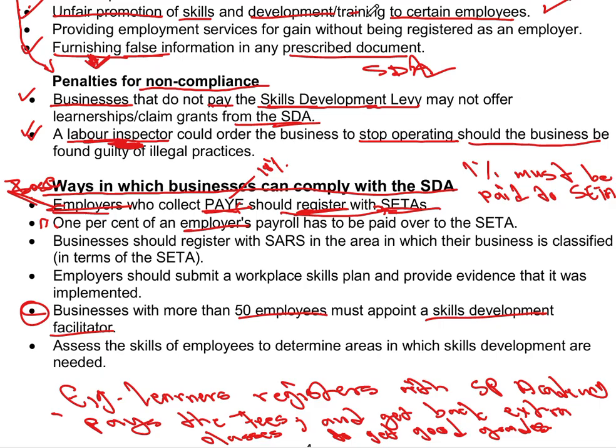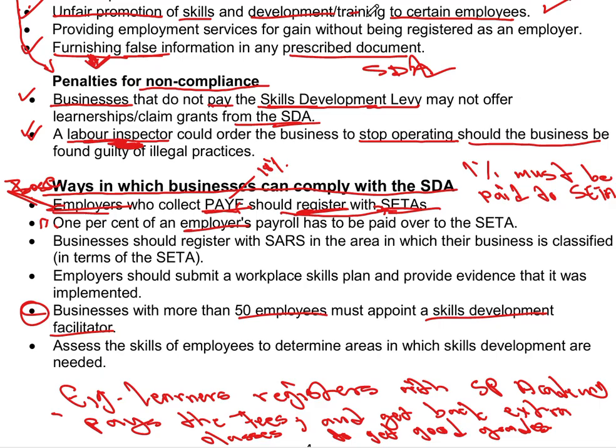When they say businesses with 50 plus employees must appoint a skills development facilitator, the SDF, skills development facilitator, helps to plan and report on training.